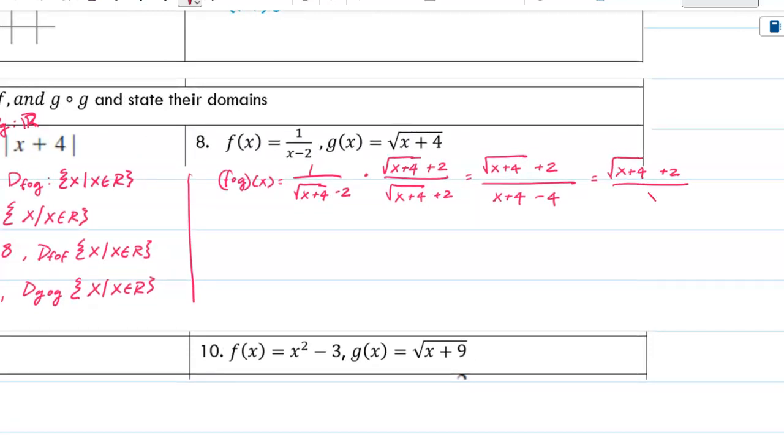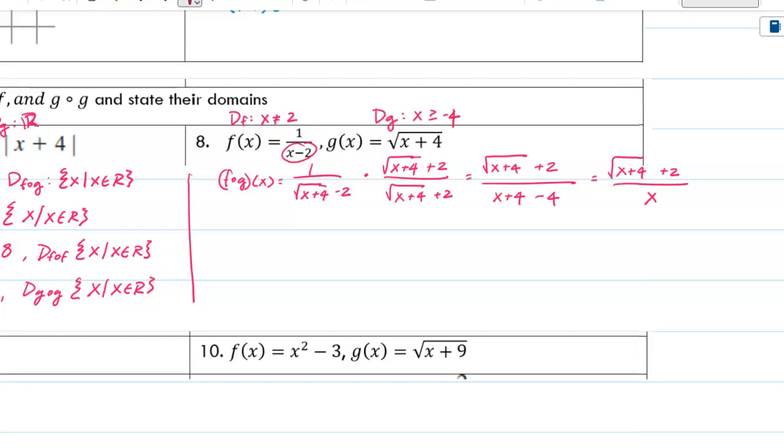minus 4, so plus 2 over x. Okay, let's go ahead and identify the domains. Domains of this, x cannot be 0. Okay, we can't have the denominator be 0. For g, it has to be x is greater than or equal to negative 4. Okay, take that radicand, we set it greater than or equal to 0, and then, or is negative 4, I'm sorry.